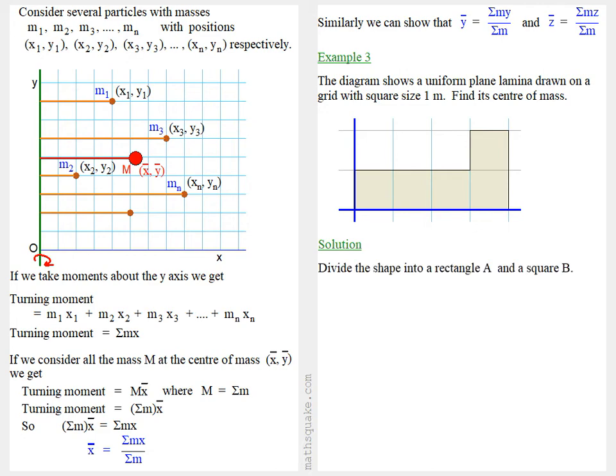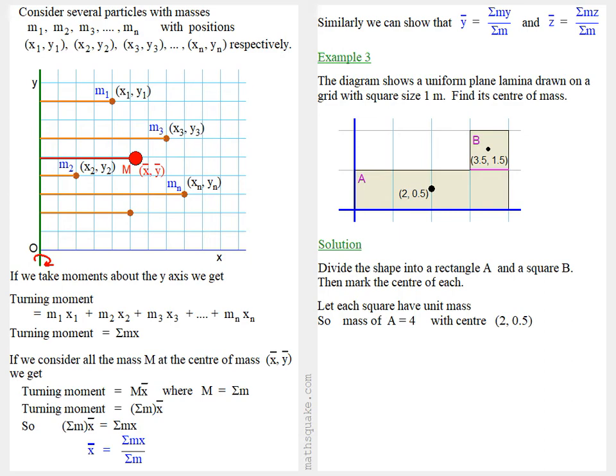Then, divide the shape into a rectangle A and a square B. Then mark the centre of each. Let each square have unit mass. Then the mass of A is 4, with centre 2, 0.5. The mass of B is 1, with centre 3.5, 1.5.